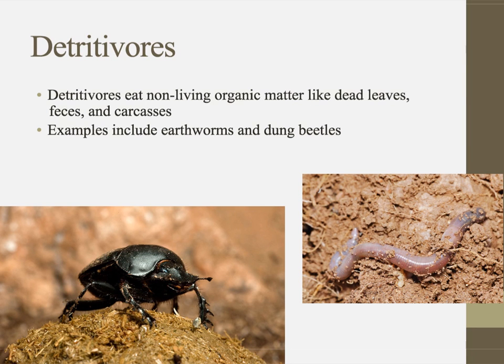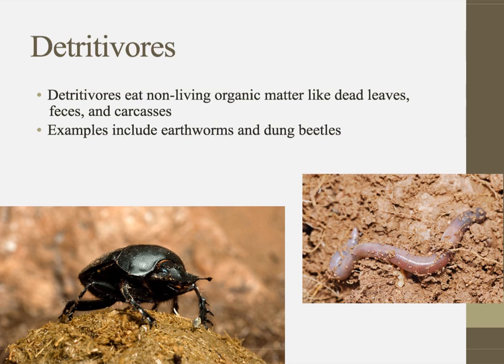Most consumers, or at least a lot of the ones that we're familiar with, are eating things that are alive. They're eating live animals, or they're eating live plants, or they're eating parts of those animals or plants. But we do have a couple exceptions to those, and they're really important exceptions because without them, our nutrient cycles would be non-existent.